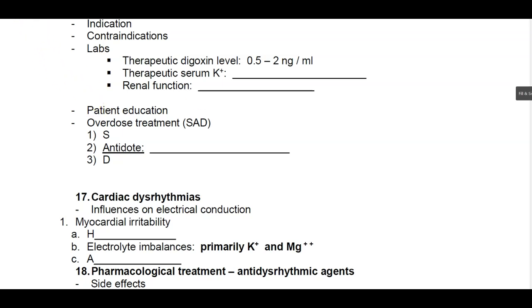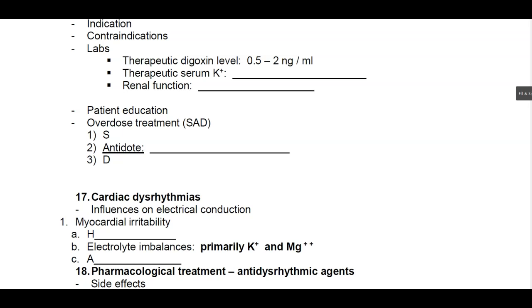When taking care of patients taking digoxin, we need to monitor and analyze the following lab values. One, something that you have to remember is the therapeutic digoxin level. The therapeutic digoxin level is 0.5 to 2.